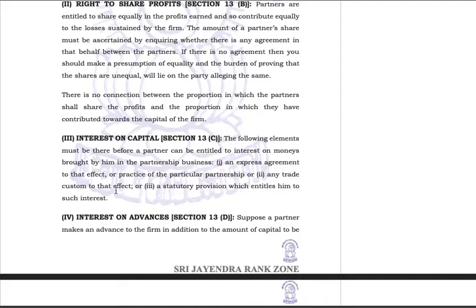Any trade custom to that effect. Okay, if there is any customary trade in that particular community of partnership, that all partnerships do so, and a statutory provision which entitles him to such interest. If there is any statutory provision which says that he should take interest, then he will be given interest.